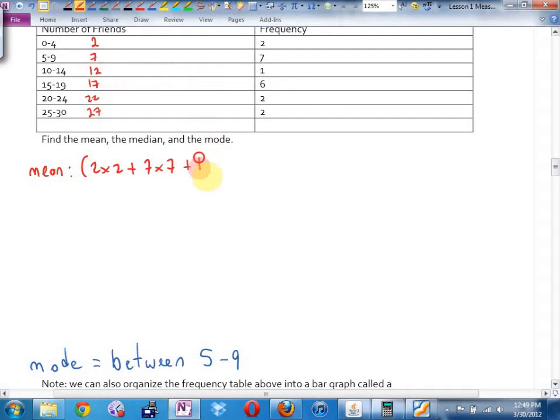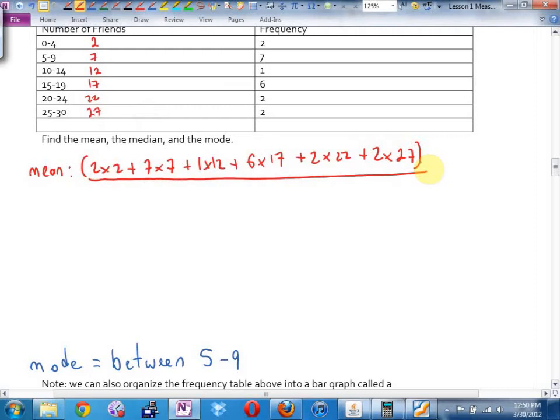Yep. 1 12 plus 6 17s plus 2 22s plus 2 27s divided by how many pieces of data are there grand total? And don't say 6 because there's not. 20? What's the mean?